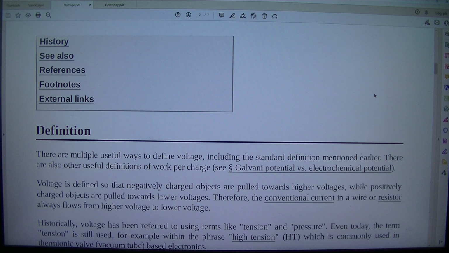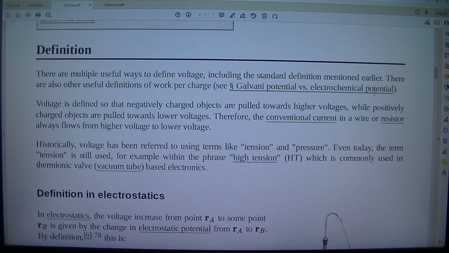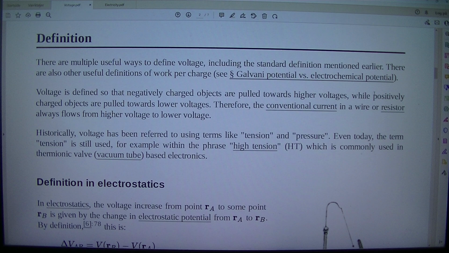External links. Definition. There are multiple useful ways to define voltage, including the standard definition mentioned earlier. There are also other useful definitions of work per charge. See Galvanic potential versus electrochemical potential. Voltage is defined so that negatively charged objects are pulled towards higher voltages, while positively charged objects are pulled towards lower voltages.